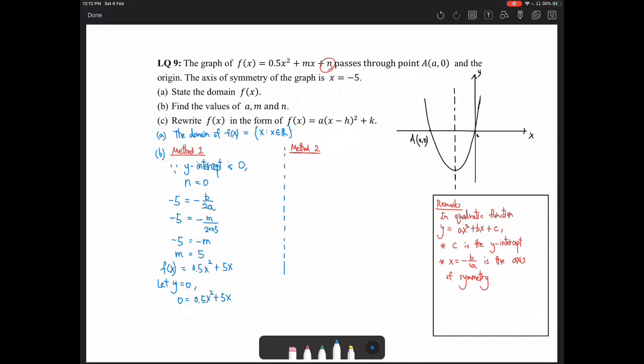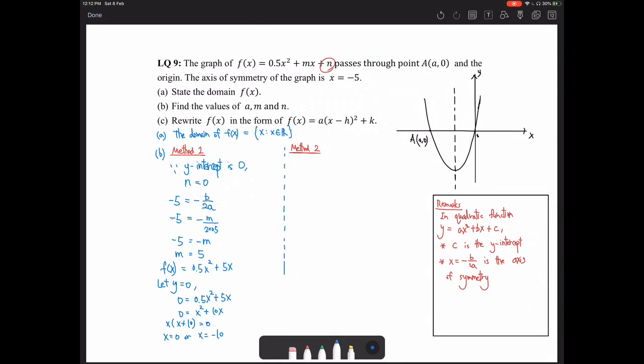We first multiply both sides by 2, then we have integers. And then we can take out x. So x will be 0 or x equals -10.